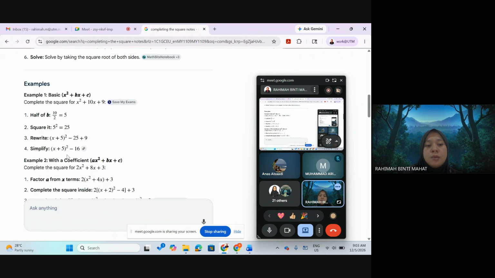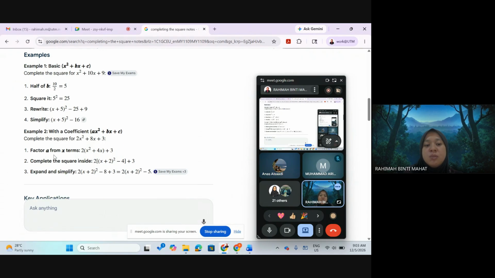If you want to complete the square, please make sure that the coefficient of a here must be 1. The coefficient must be 1. So from here, factor a from the x term. This one you need to factor because we want to make sure that the value of coefficient a is equal to 1.